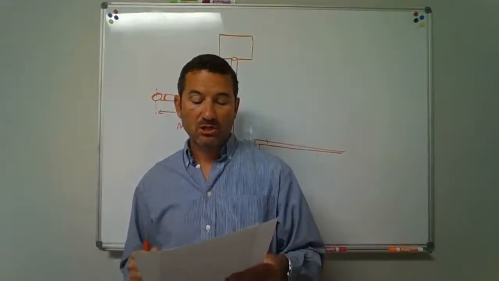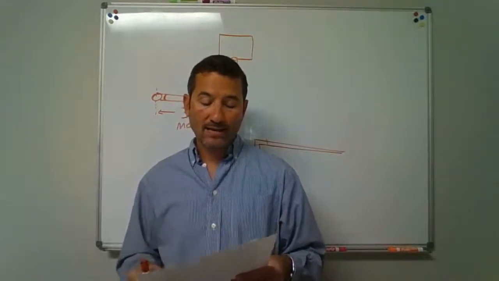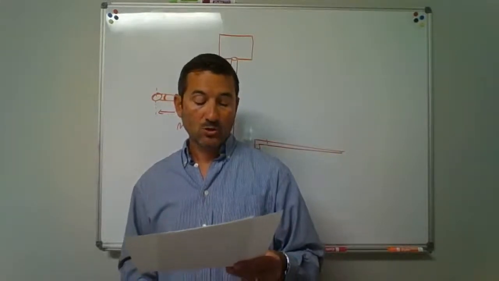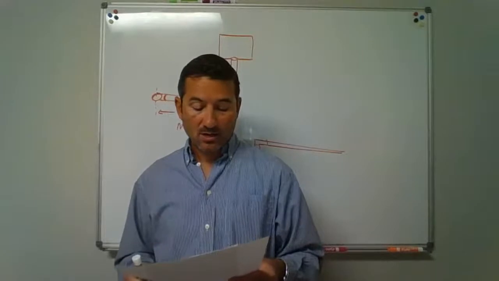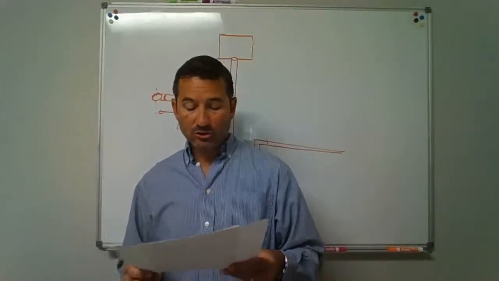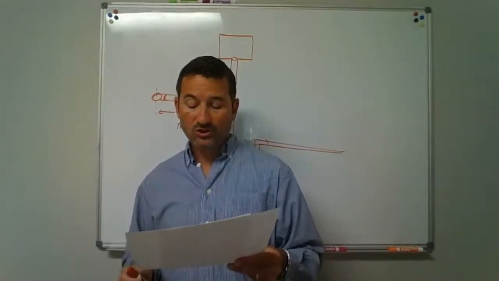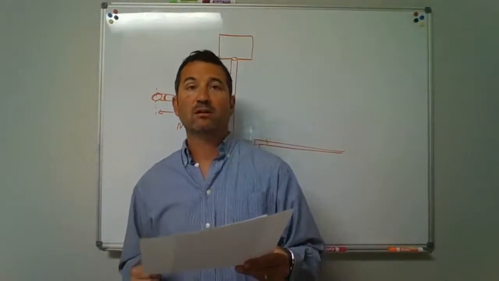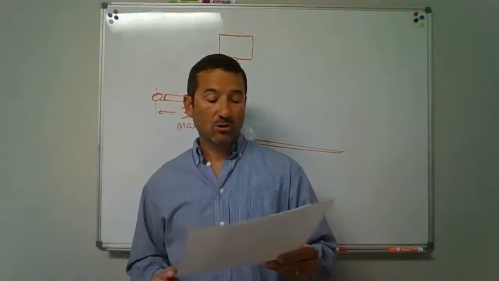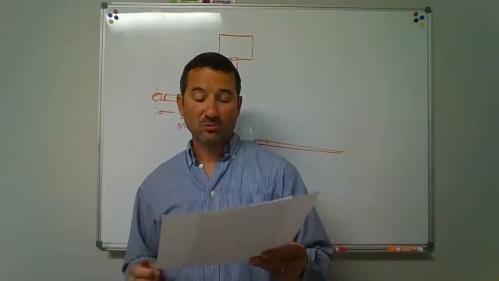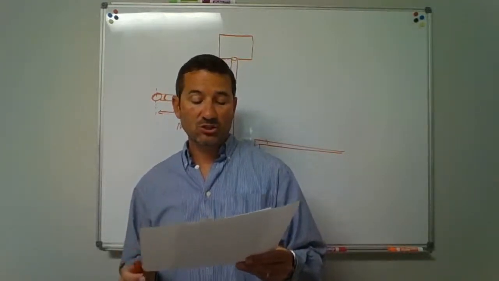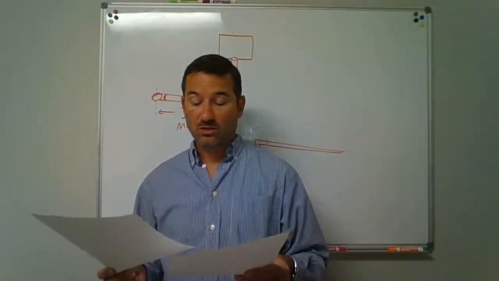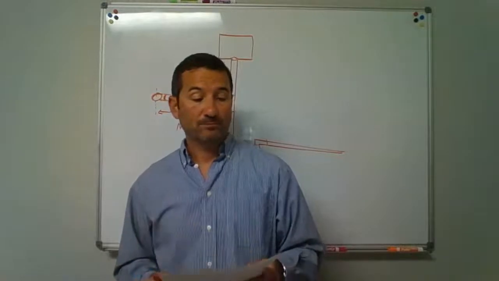Question number 6. The outlet of the laundry tray shall be a maximum horizontal distance of 30 inches from the standpipe trap. True or false?